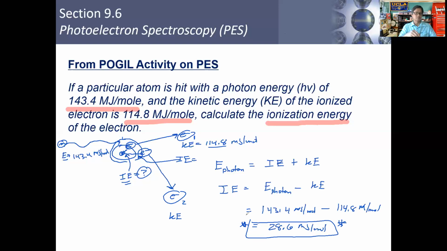When you look at a photoelectron spectrum, what you typically have is the ionization energy, the energy, along the x-axis, and effectively the number of electrons along the y-axis. And it's this energy that is highlighted for us, and that's where we get this energy from.